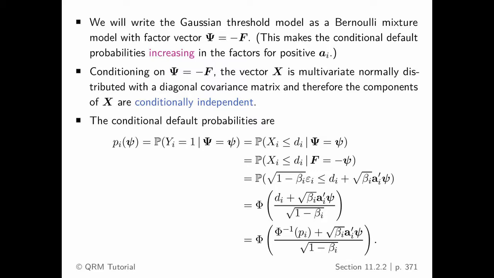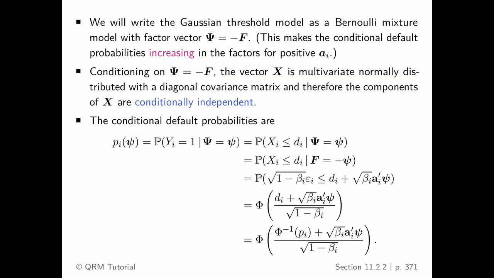So you get a formula here, and if you've read the credit risk literature before, you've probably seen this formula derived in the one-factor case by Vasicek. People call it the Vasicek formula, particularly when there's a single factor, and it gives you the conditional probabilities of default in a Bernoulli mixture representation of a multivariate Merton model.